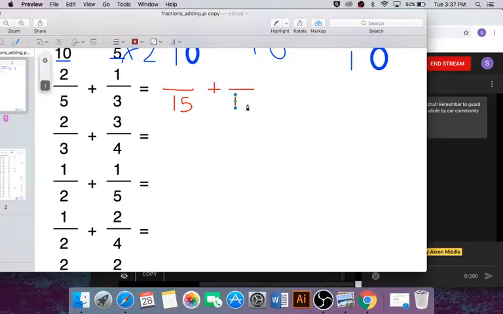So 5 times 3 gives us 15. And 3 times 5 gives us 15.